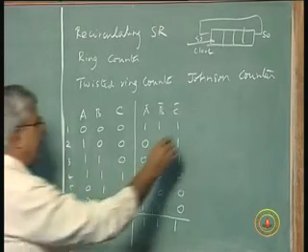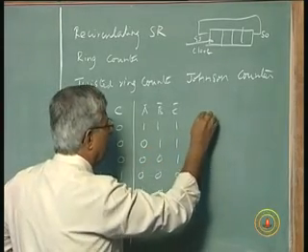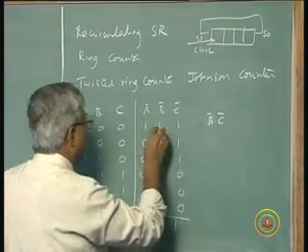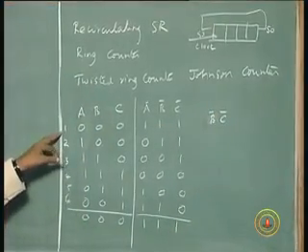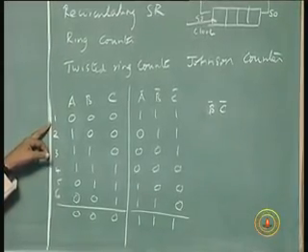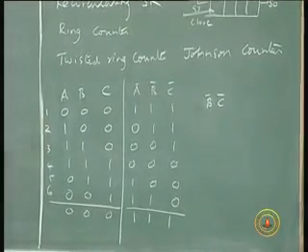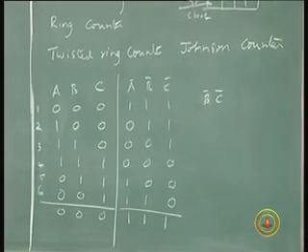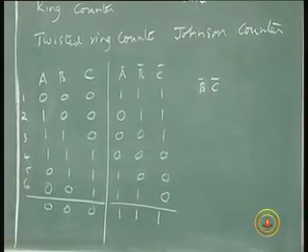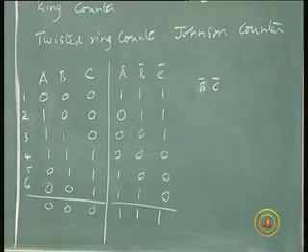Suppose I say A bar, B bar, C bar. B bar, C bar is one only for this clock period. Is it not? Okay, it's wrong. I'm sorry. Second one also it is wrong. We can make an A bar, B bar. A, B bar.